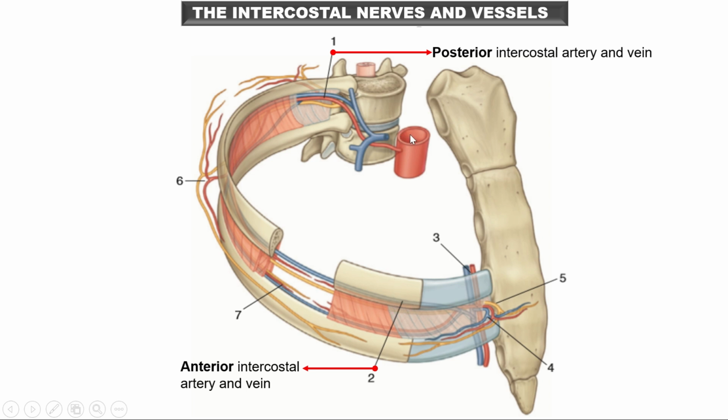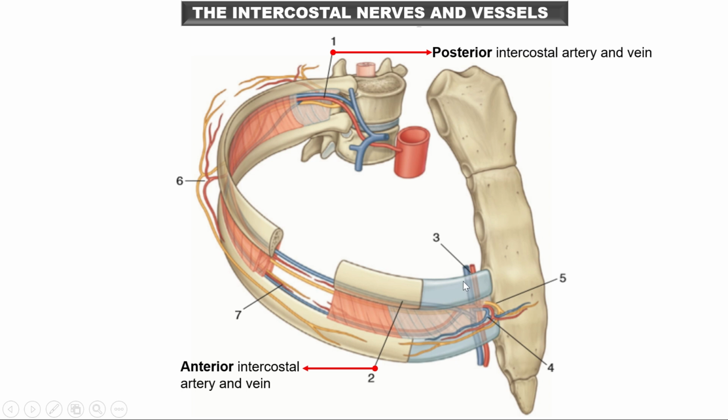Right here is the descending aorta, or thoracic aorta, giving rise to this artery here. And this vein is coming from the azygos vein, which is soon joining the superior vena cava. This azygos vein receives venous drainage from many of these posterior intercostal veins.